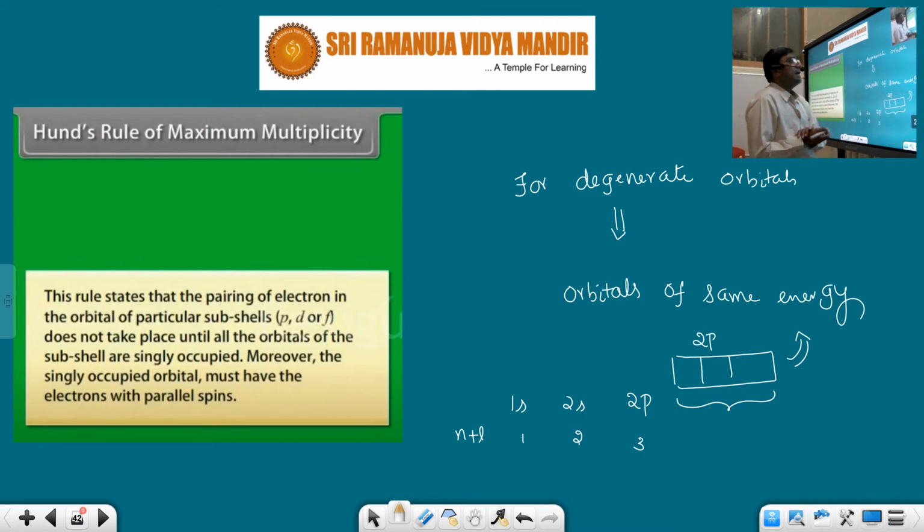So first of all, I started the definition with for degenerate orbitals. I explained what degenerate orbitals are. Degenerate orbitals means the orbitals are of the same energy. So for degenerate orbitals, now I am taking the definition, the next slide.